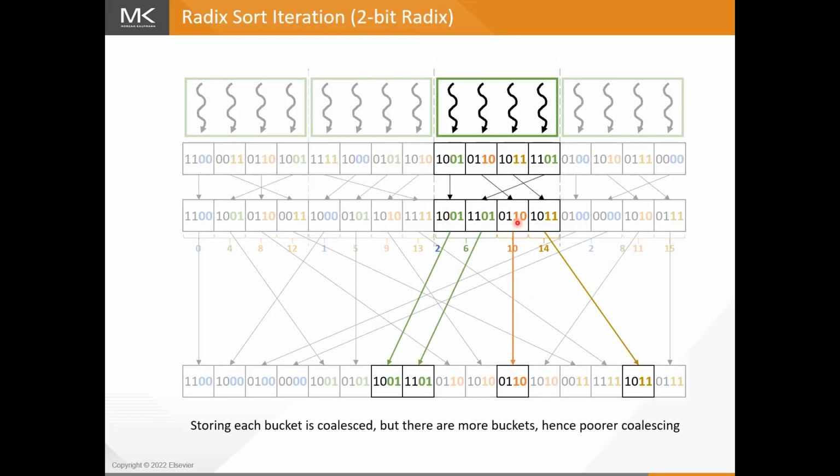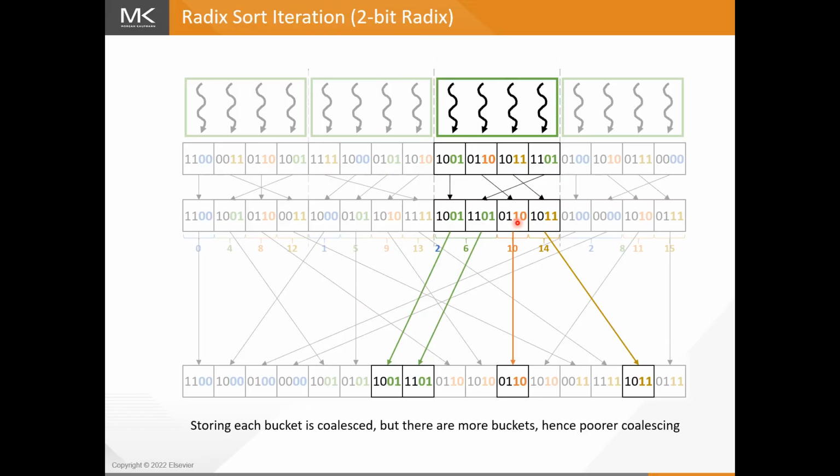But we have more buckets, and since we have more buckets, we have more boundaries between buckets, which means we're going to have more warps that are going to have uncoalesced accesses. When I had the 1-bit radix, I had fewer buckets. Each bucket was larger, so I had more coalescing opportunities.